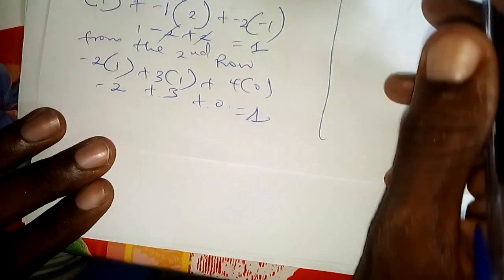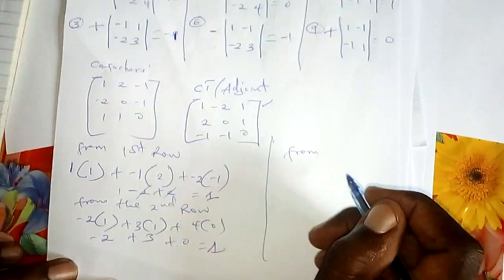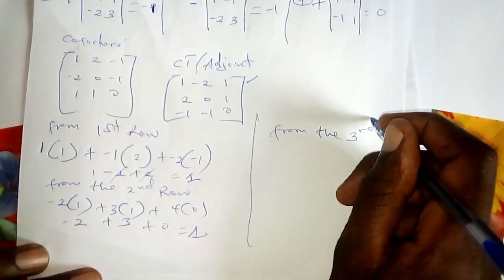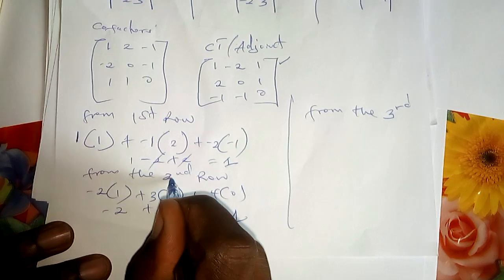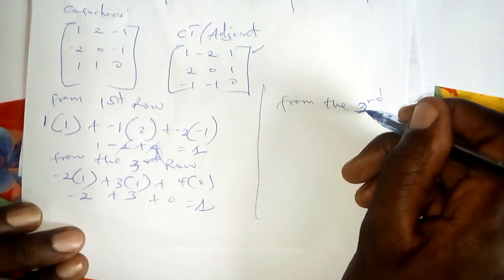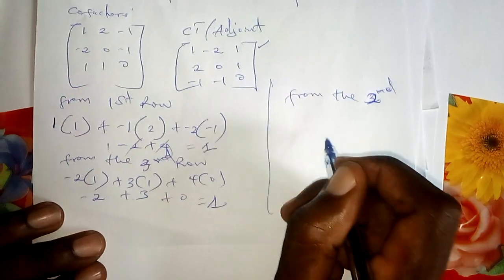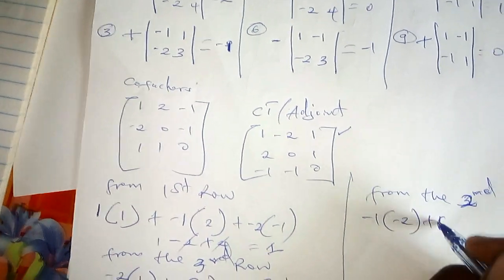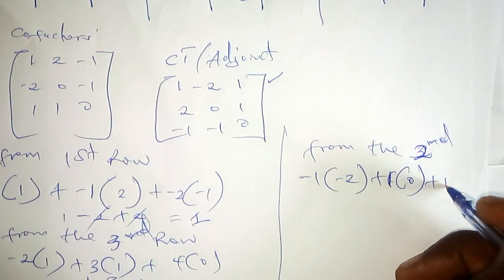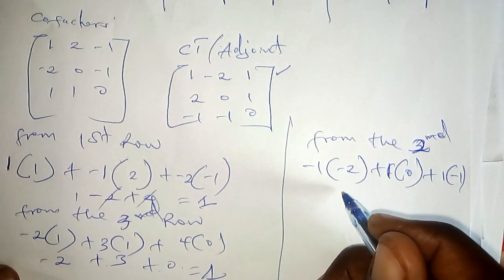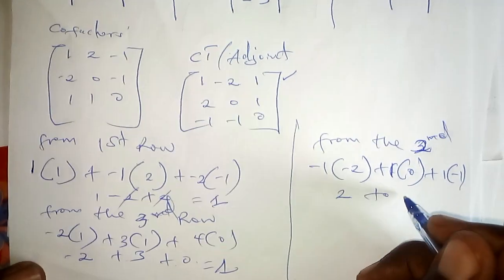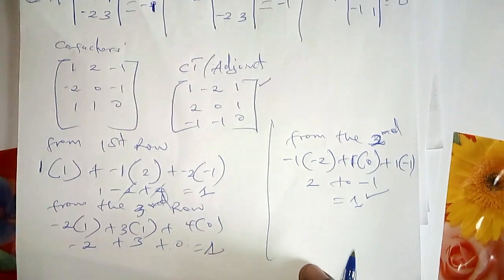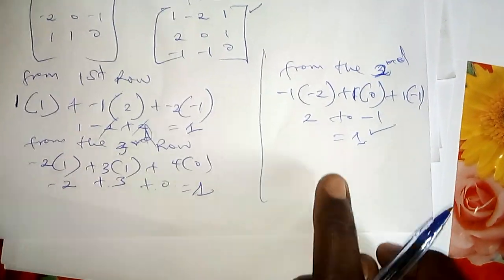Still, let us apply the same to prove from the third. This was the third. And what about the second? The second, it is -1 into -2 plus 1 into 0 plus 1 into -1. This is 2 plus 0 minus 1. This is 1. So we have proved that the general determinant is 1.